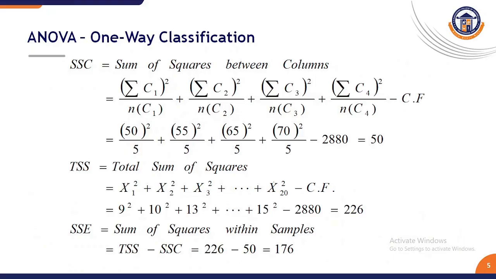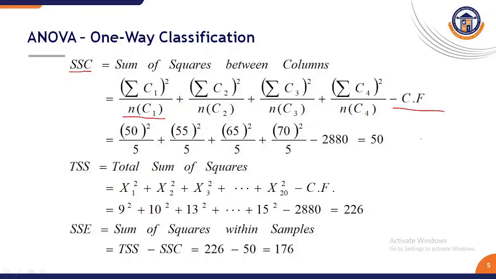The next step is to find out the sum of squares between columns, that is SSC. Its respective formula is sum of column 1 squared divided by size of column 1, plus sum of column 2 squared divided by size of column 2, plus etc., minus CF.